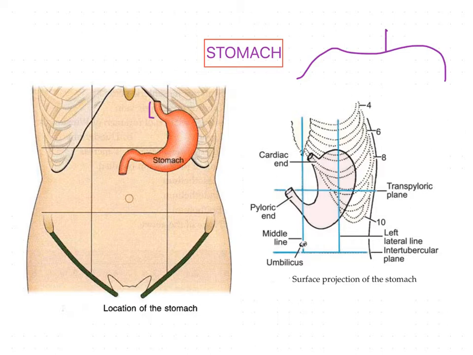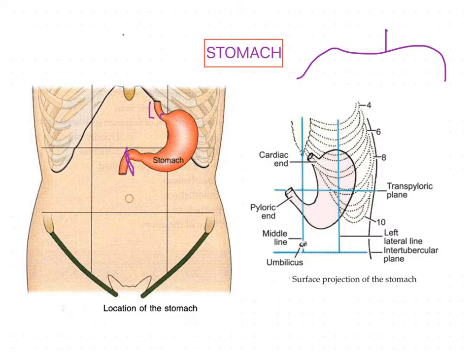It is connected above to the lower end of the esophagus, and below it is connected to the duodenum. It acts as a reservoir of food and helps in the digestion of carbohydrates, proteins and fats.